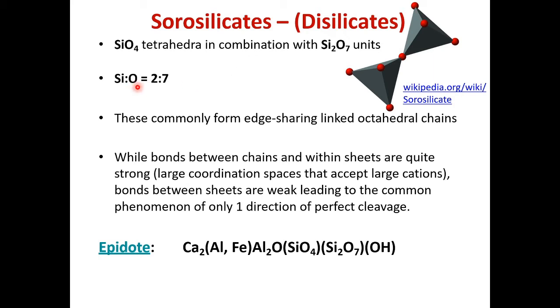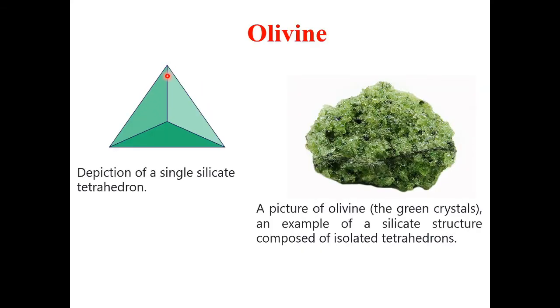So the ratio is 2:7. If we talk about the silicon to oxygen ratio in olivine, we see that here we have one silicon at the center and four oxygens. So the ratio is 1:4.